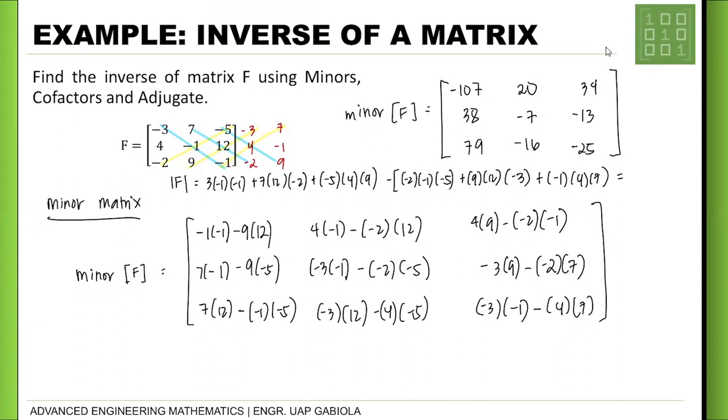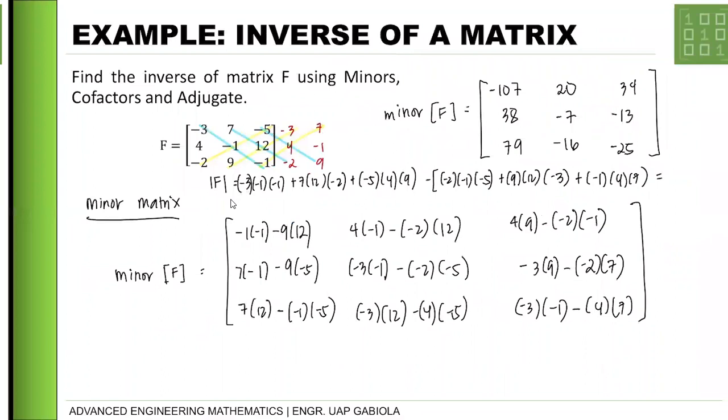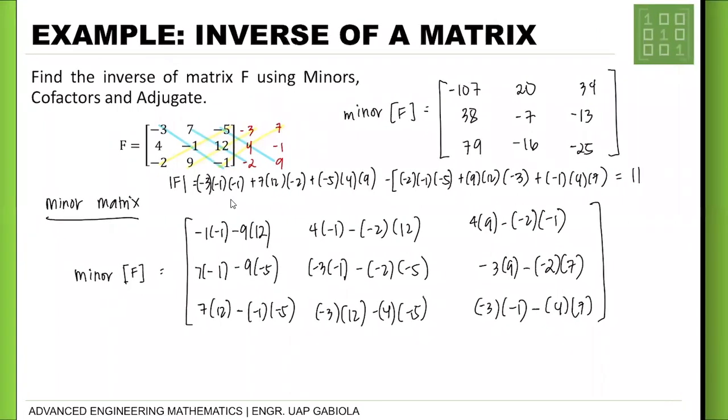Okay, check lang yung input natin. Ayan, first one pa lang malinaw pala agad. So this should be negative 3. Okay, so pag calculate nyo yun, this will be 11. Okay, ito yung determinant natin.